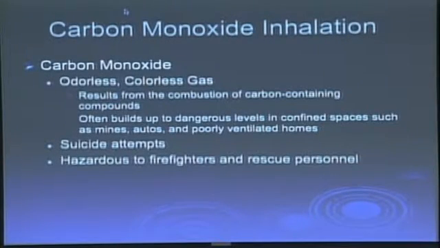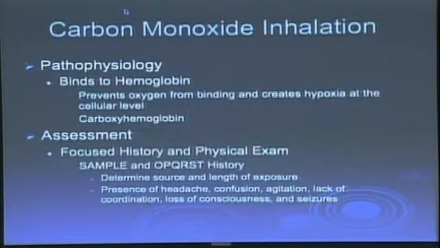Carbon monoxide, colorless, odorless gas, builds up in confined spaces, mines, autos, poorly ventilated homes, suicide attempts we see as much as anything. And it is, of course, hazardous to firefighters and rescue personnel if you're cleaning up in the fire or after cleaning up in the fire. It binds to hemoglobin. It's more powerfully bound than is oxygen, and therefore you get hypoxia at the cellular level.